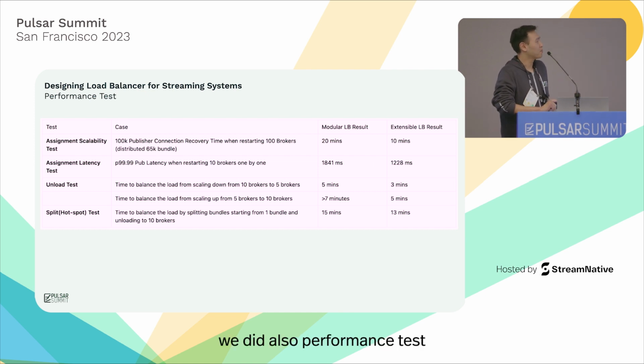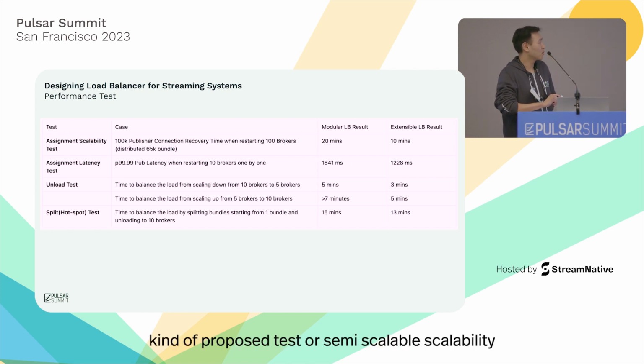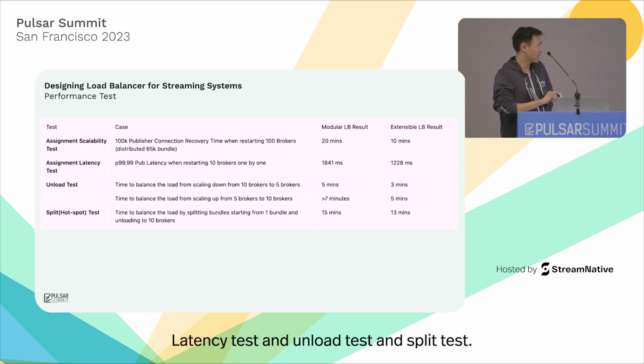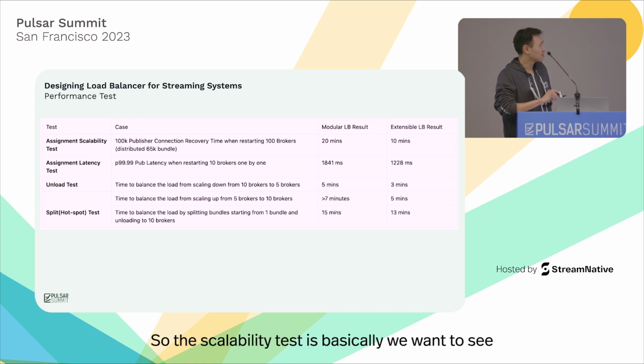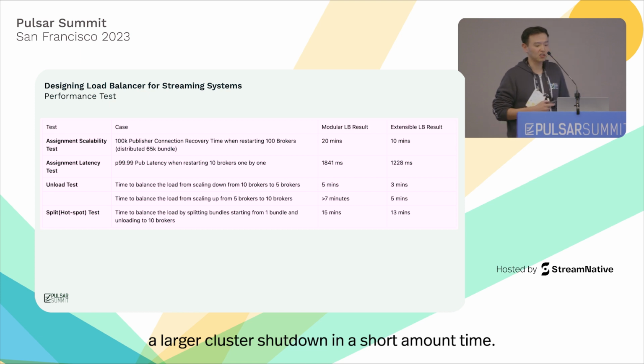Next, we also did performance tests. We did four kinds of performance tests: assignment scalability test, assignment latency test, unload test, and split test. The scalability test is basically to see how quickly the clients can reconnect when a large cluster shuts down in a short amount of time.